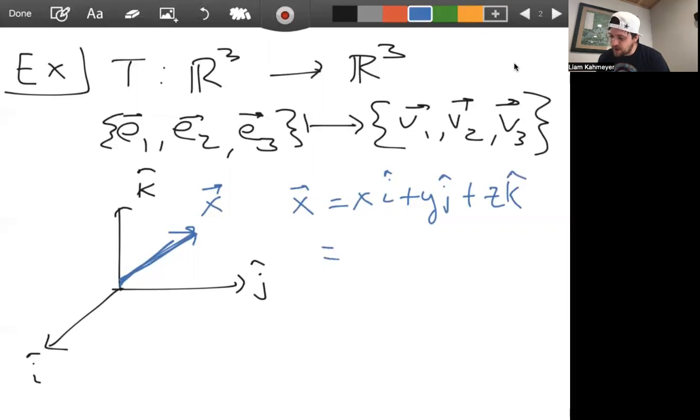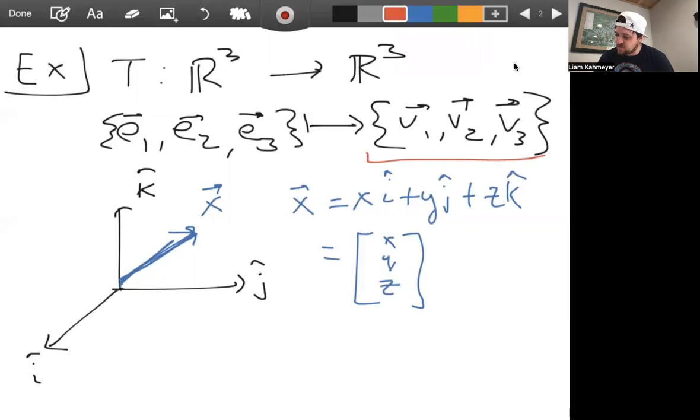This is how we describe vectors as a linear combination of standard basis elements. You can describe all vectors in R3 uniquely by this combination. And we drop the i hat, j hat, k hat and just write this as the vector x, y, z.